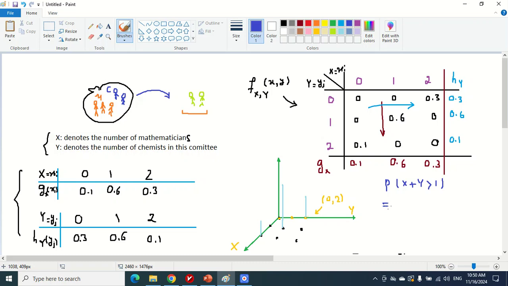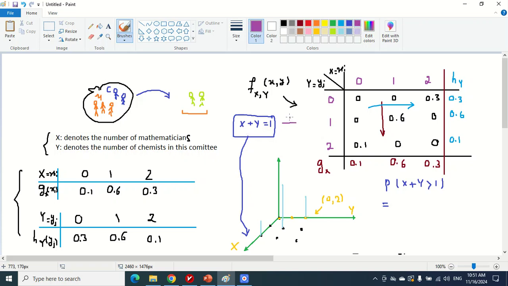If I take a look at the region x plus y greater than 1, first of all I should determine the region of x plus y equal to 1. To know what that region is at the ground, on z equal to 0, I should give points on that line.